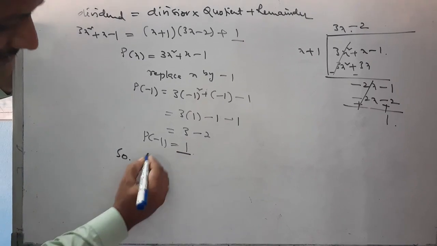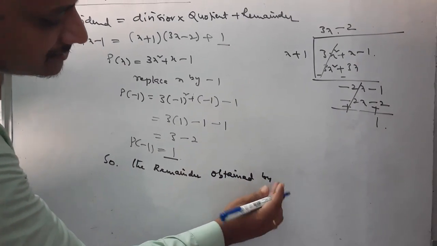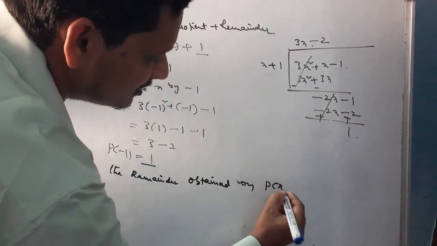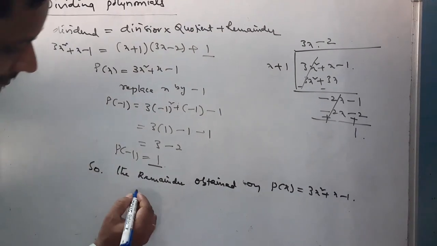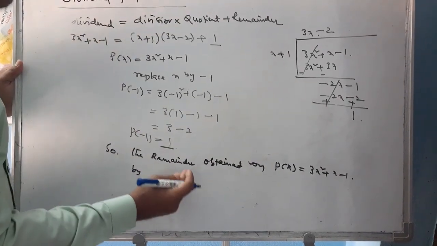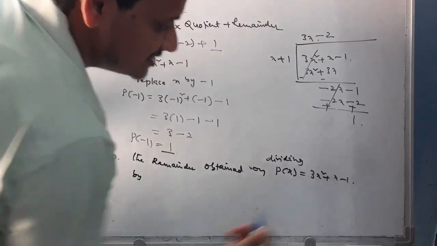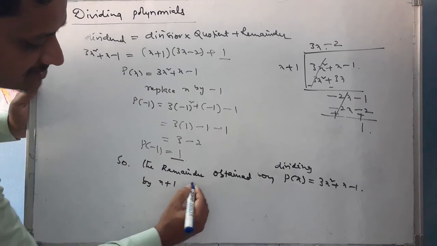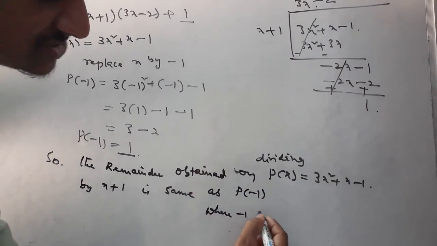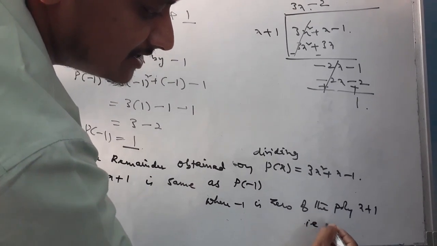So the remainder obtained on dividing p of x, 3x square plus x minus 1, by x plus 1 is the same as p of minus 1, where minus 1 is the zero of the polynomial x plus 1, that is x is equal to minus 1.